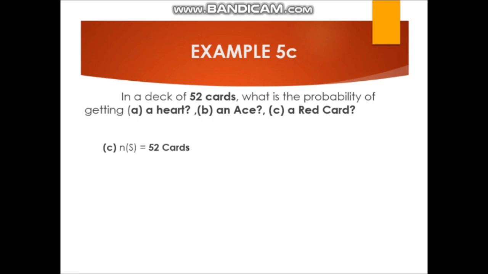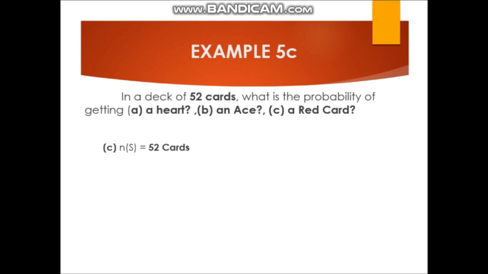But then in the number of events, since ang hinahanap is a red card, sa isang deck of cards, we have two colors. We have red and black. Diamonds and hearts are both red cards, and spades and flowers are both black cards.